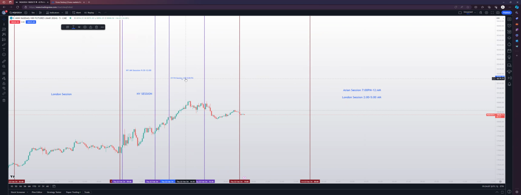Does everyone see here how I left a gap in between the New York AM session and the New York PM session? This is when ideally traders are at lunch and volume isn't as present as it can be. So from 12 to 1, it's just in your best interest to stay out of the market. Now, does this mean that we cannot trade during the lunch break? You can.